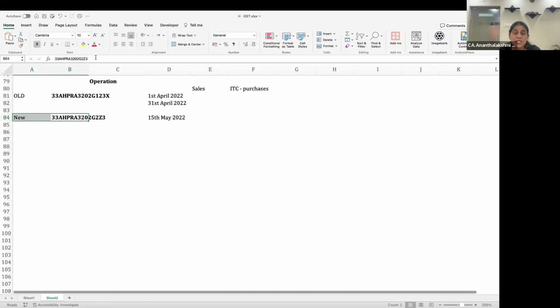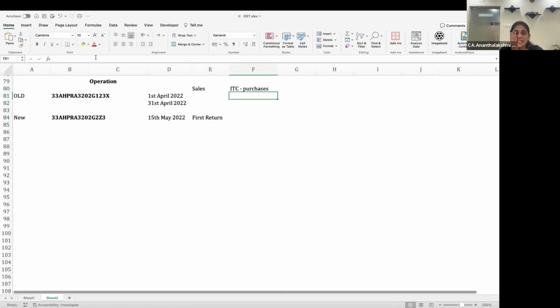From this day onwards, your transactions will be with the new GSTN number, but the PAN will not change. Only the last three digits will change. So the sales, whatever you have done, you will be filing here. This we call the first return.